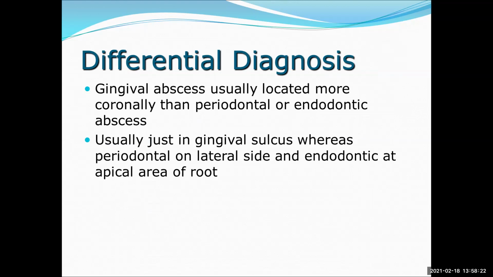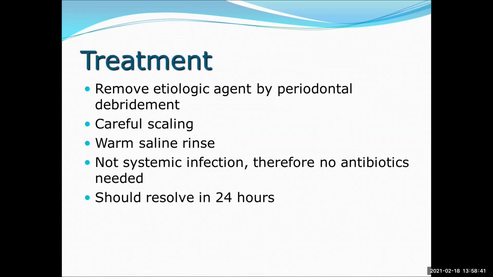An endodontic abscess is at the apex of the root. So that's the root canal type of abscess. It's usually just in the gingival sulcus, whereas a periodontal abscess is on the lateral side, and an endodontic abscess is at the apex of the root.